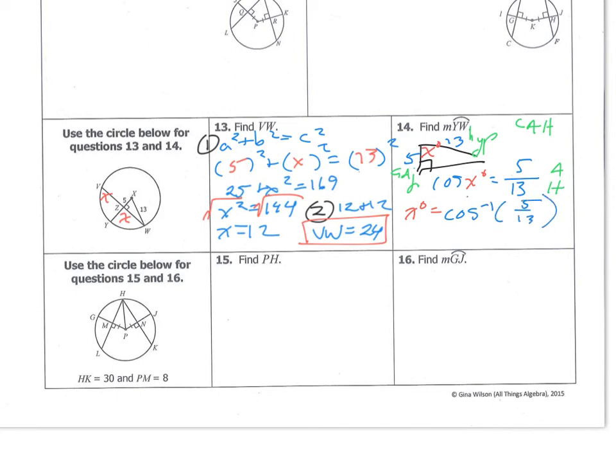So use your calculators. I want you to find that. And what do you get? 67. Let's go out to 2 decimal places. Point what? 38 degrees. And that's the same as our arc measure, YW. So that one's a little harder. So I'm going to go ahead and stop there for today.